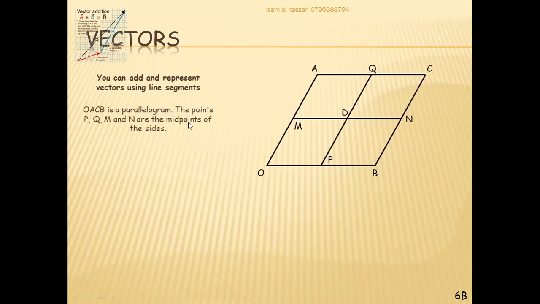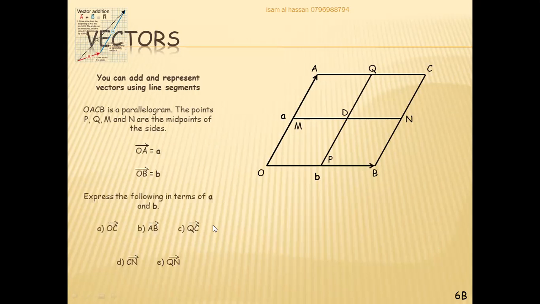Parallelogram, now the points are there, P, Q, M, N are midpoints. If OA is a small a, then that's half a, and this is half a. Let me continue, find the rest of them. Now if this is half a, and that's half a, any vector parallel to OA is also half a, and then that's half a.